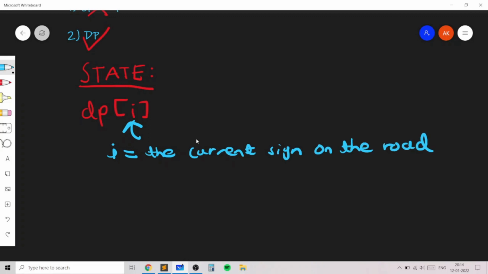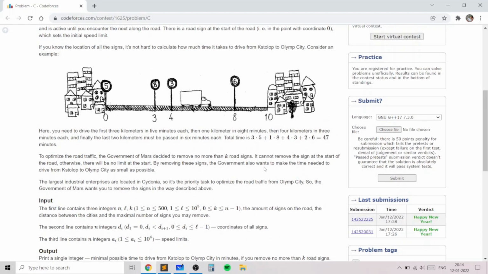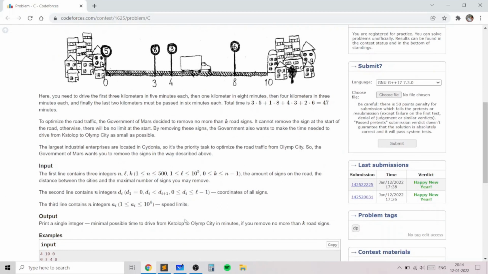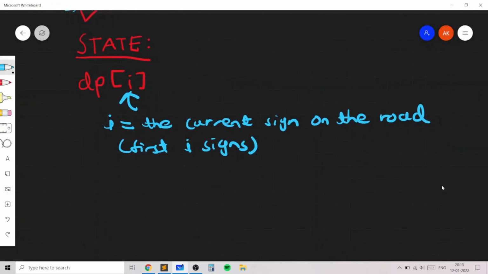Considering the first i signs on the road, we need to find the minimum possible drive time from the starting city to the ith road sign. That's what dp[i] represents.